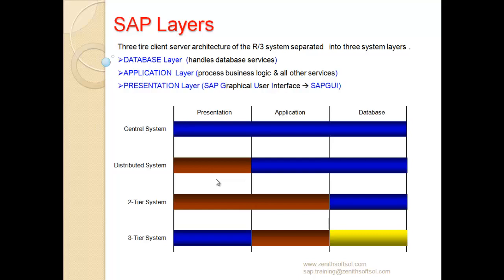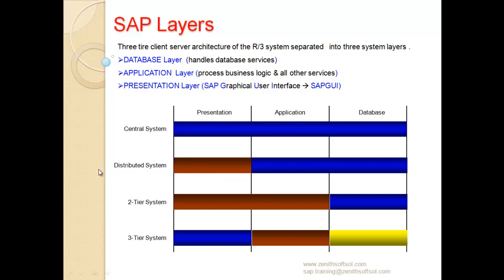What are the disadvantages of this? If anything happens in the application or in the database, the whole system will crash. So that's why companies don't recommend using a central system.